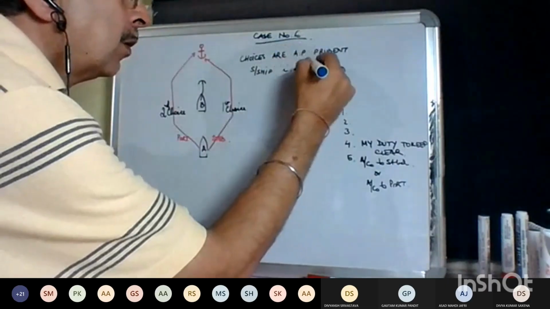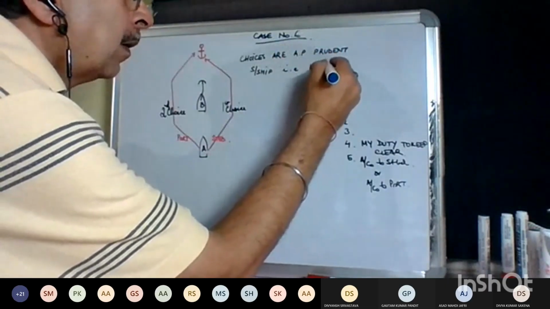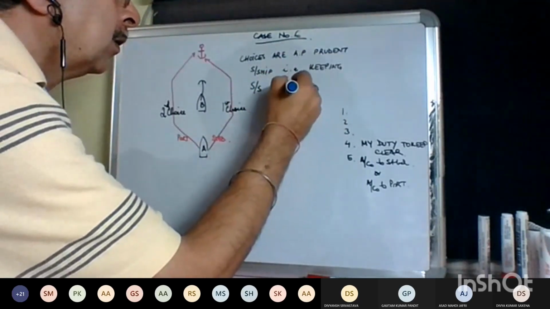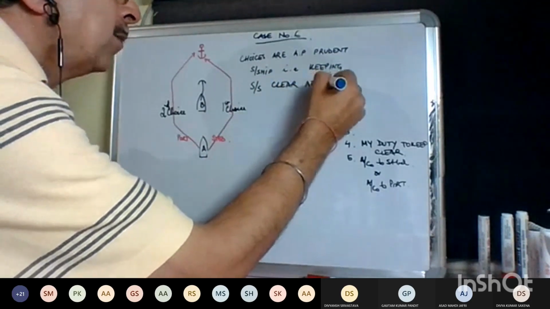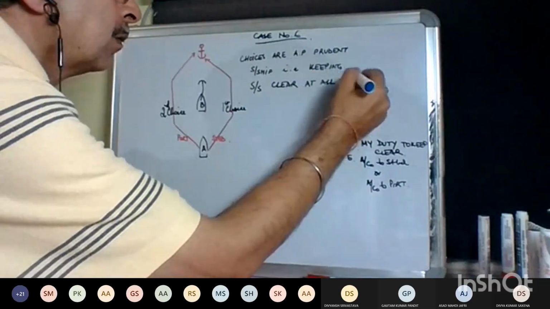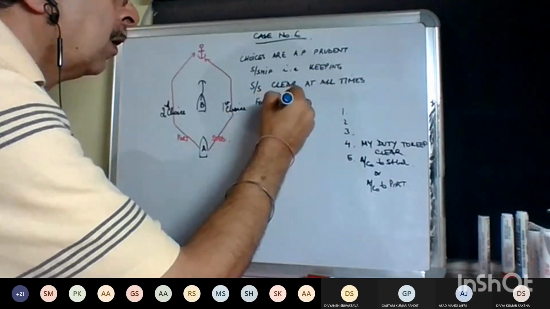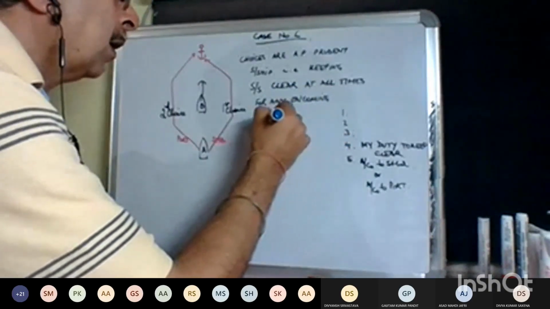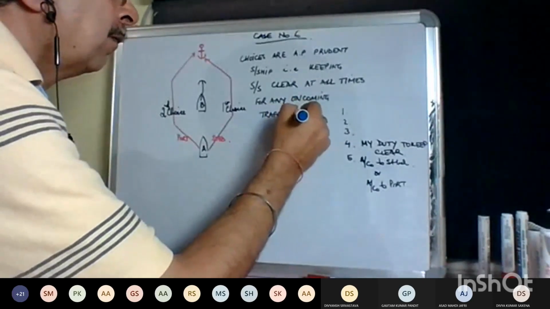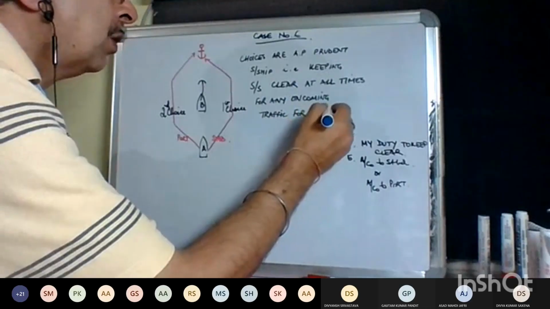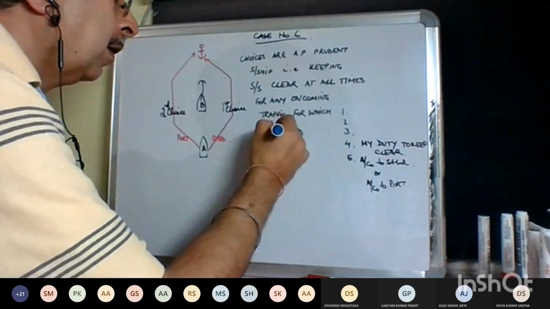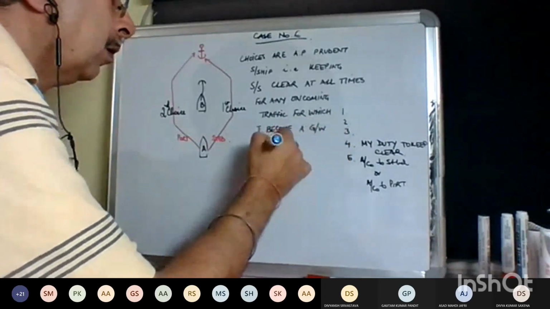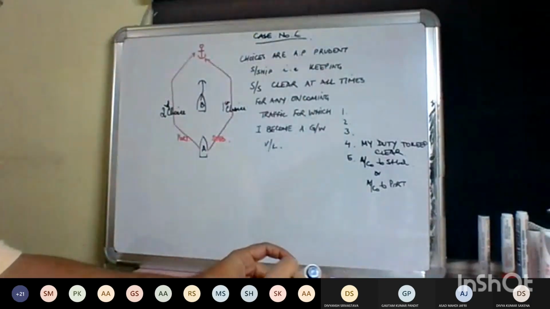That is, keeping the starboard side clear at all times for any oncoming traffic, for which I become a give-way vessel.